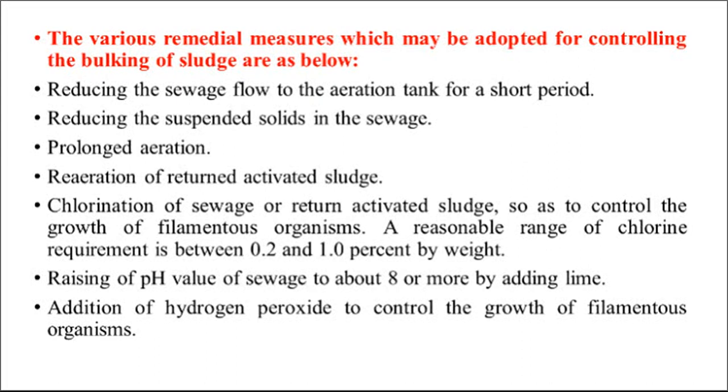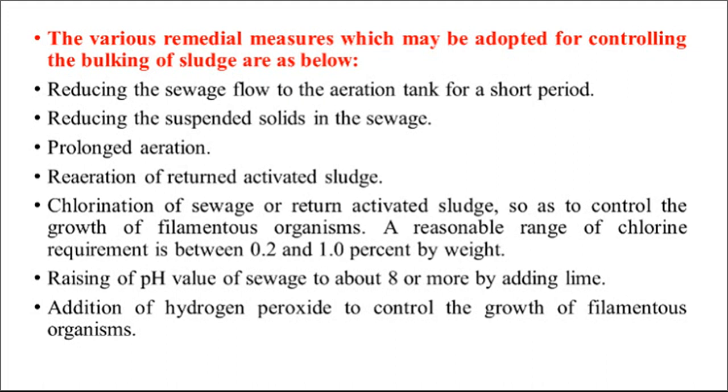First of all, reducing the sewage flow to the aeration tank for a short period of time so that more oxygen will be available for the sewage. Second, reducing the suspended solids in the sewage. Next, prolonged aeration; we have to increase the time of aeration. Next, re-aeration of the return activated sludge. Next, chlorination of sewage or return activated sludge so as to control the growth of filamentous organisms.